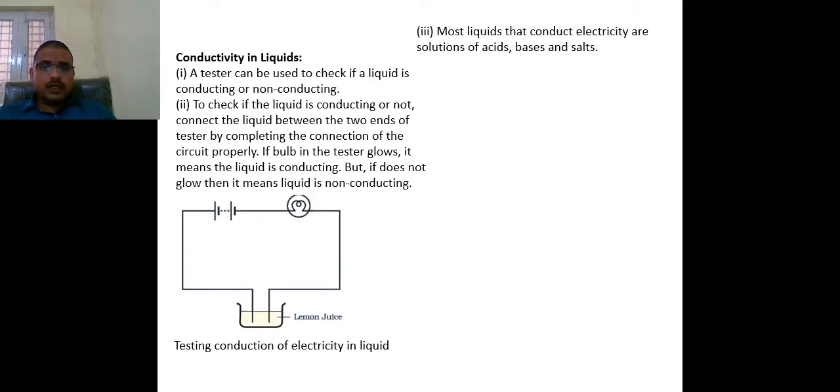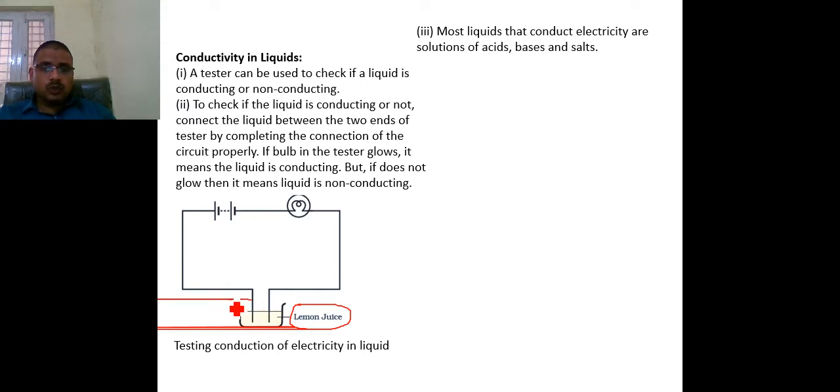In case of lemon juice, here is the lemon juice. Is lemon juice a good conductor of electricity or not? We have to arrange the same thing here.